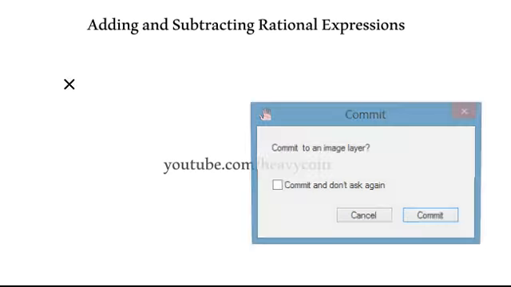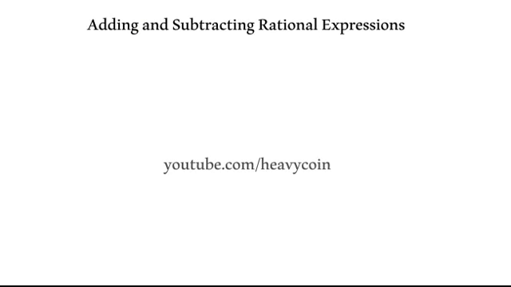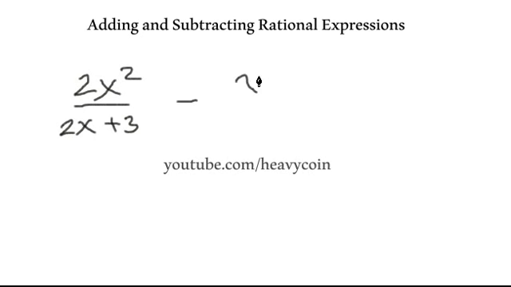Okay, what about not forgetting to do that? 2x squared over 2x plus 3 minus x plus 6 over 2x plus 3.